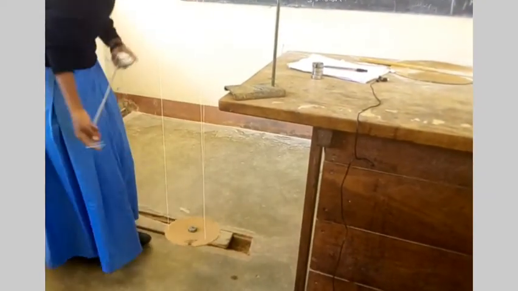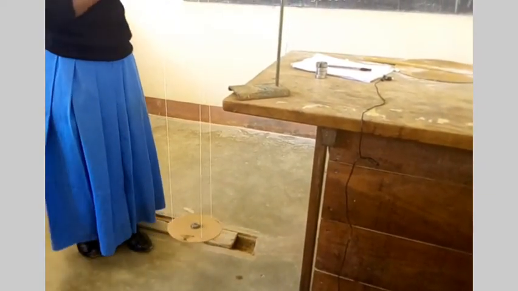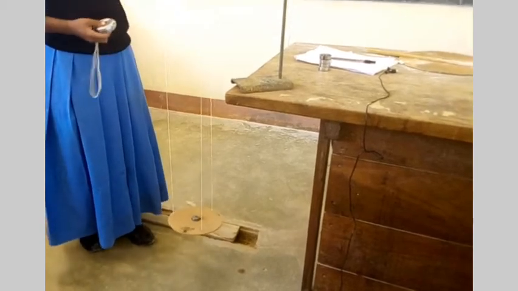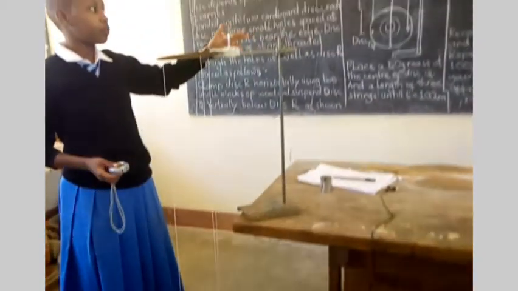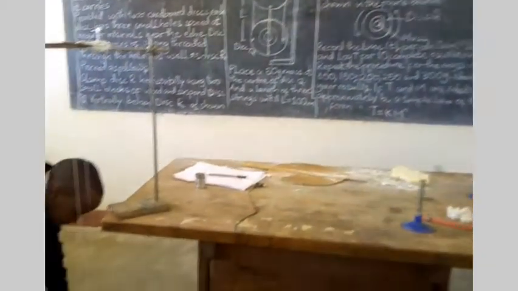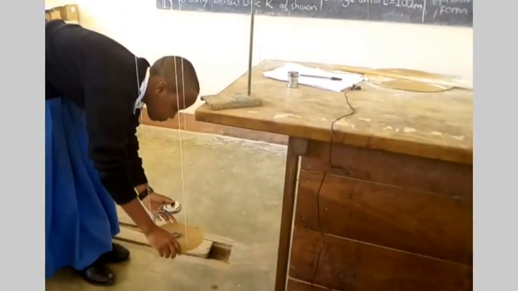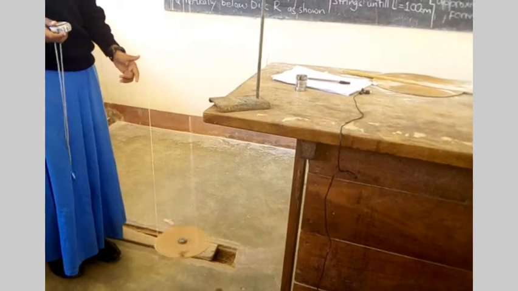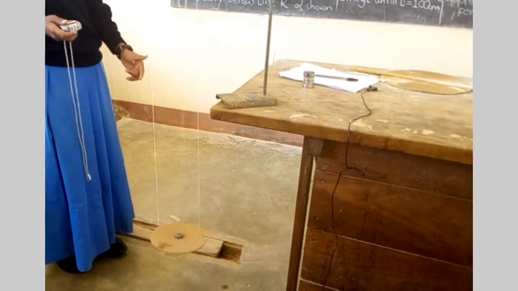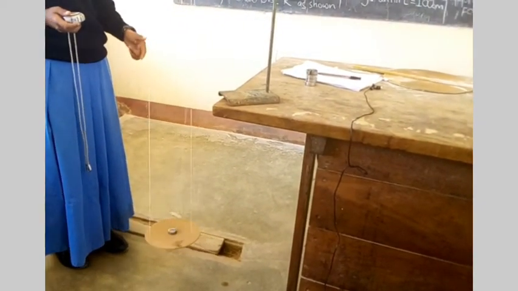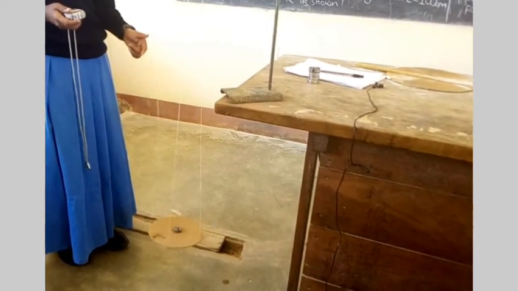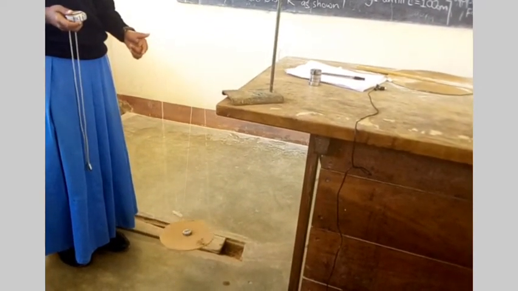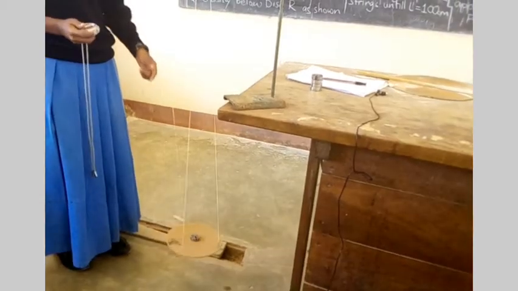Depending on the question, sometimes we can be told 10 or 20 complete oscillations, but from our question we are told to find for 10 complete oscillations. So we displace. We start counting. 1, 2, 3, 4, 5, 6, 7, 8, 9, 10.